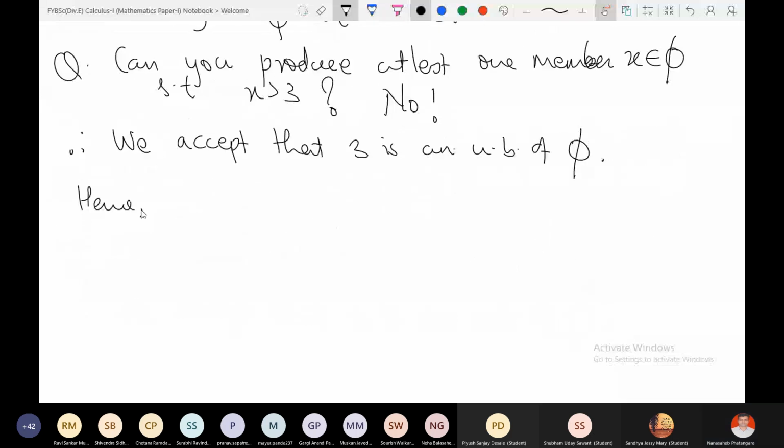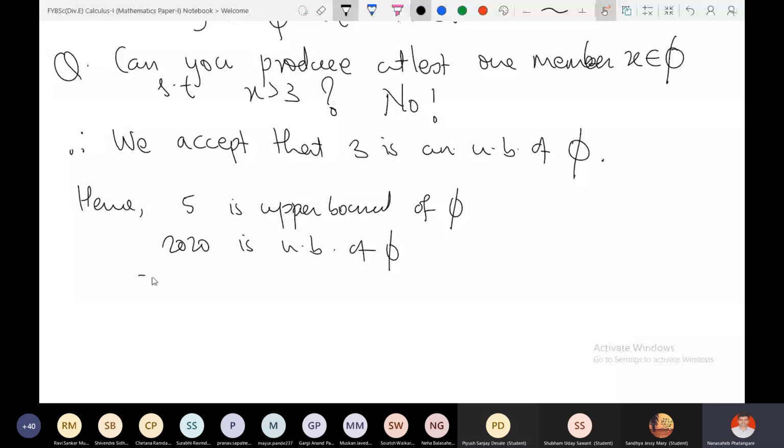Hence, 5 is an upper bound. 20 is an upper bound. Minus something is an upper bound.